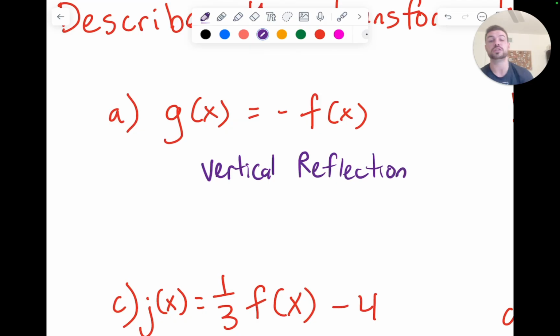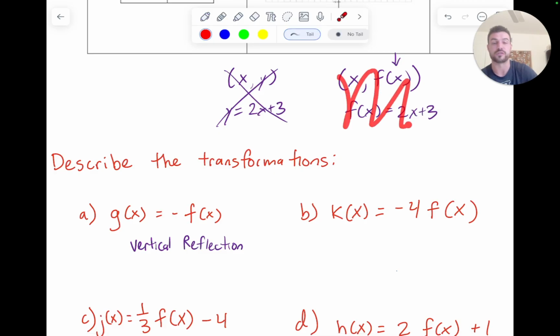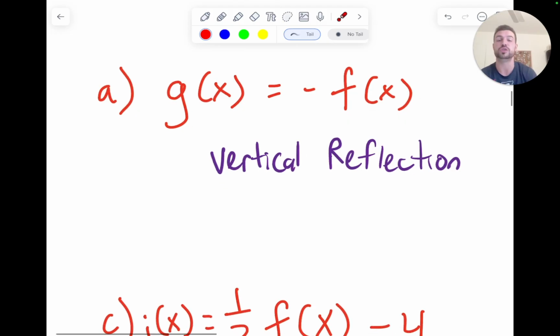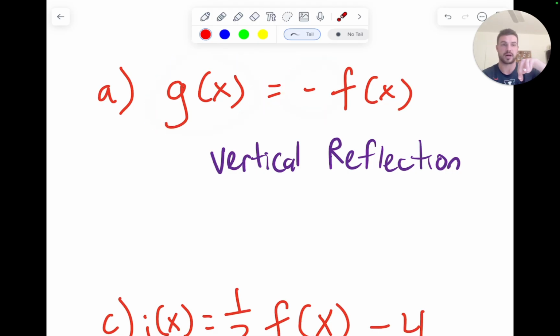Now that can look like a bunch of different things. For example, we don't know what f of x, our original function, is going to look like. It's not necessarily this one from before. It is just some generic function. What we do know is g of x is what you get if you took f of x and flipped it upside down. So let me give you a quick example.